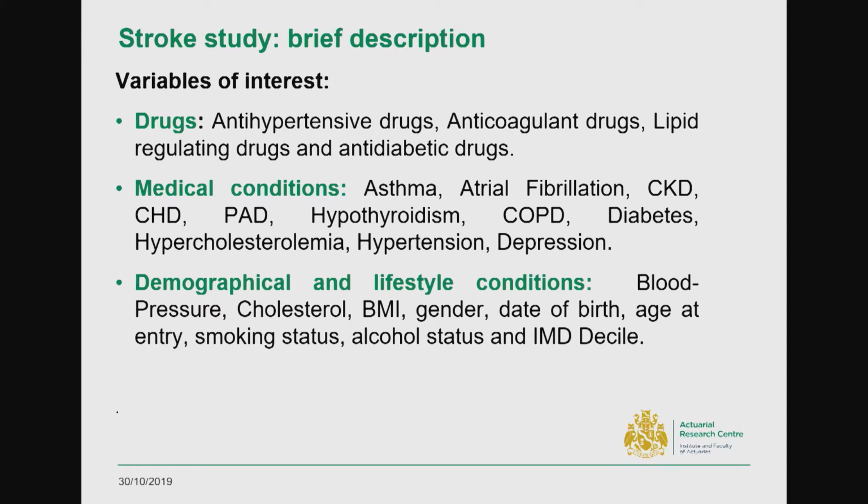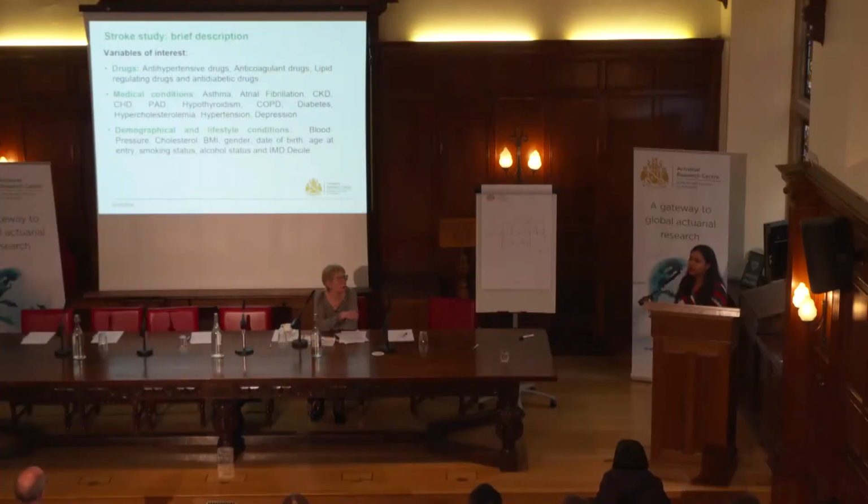Right. Our model has been adjusted for all these types of covariates, such as different classes of drugs, different prior medical conditions, as you can read on the slide, and some important demographic and lifestyle conditions, such as BMI, gender, age, smoking status, alcohol status.